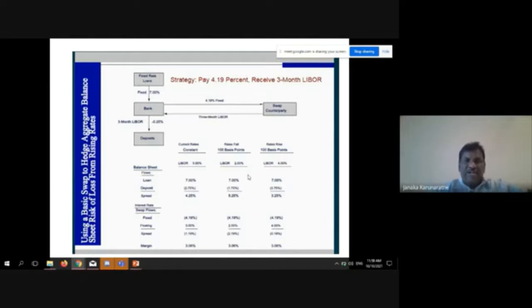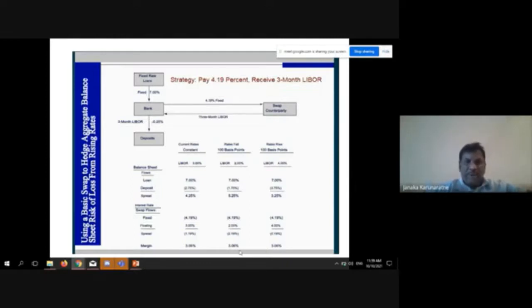So now the interest rate, okay, LIBOR goes down. I will receive 2 because I will receive LIBOR, and I have to pay fixed because fixed is fixed. I can't change it. LIBOR will change. So then I will end up with a negative 2.19.